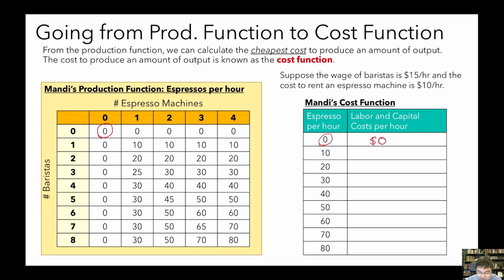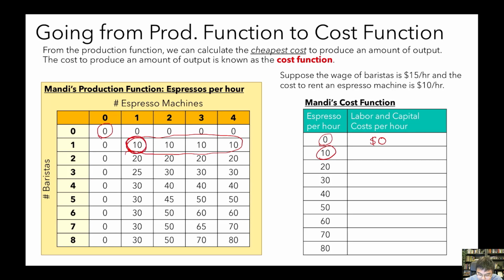But now let's ask, what's the cheapest cost for Mandy to make 10 espressos per hour? And so the way we can do this is we can look at the production function and ask ourselves, what's the cheapest combination of inputs that makes 10 espressos per hour? And these are all the combinations of inputs that can make 10 espressos per hour.